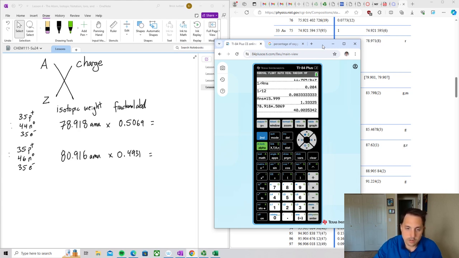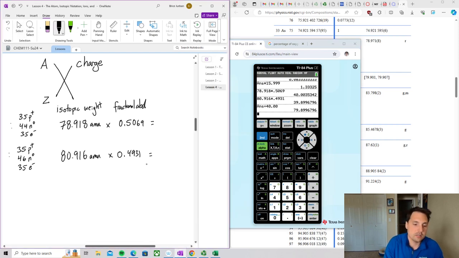Okay, so 40, and the other one is 39.899, and then we can add them together. And we'll get 79.8996, or just round it to 79.90.